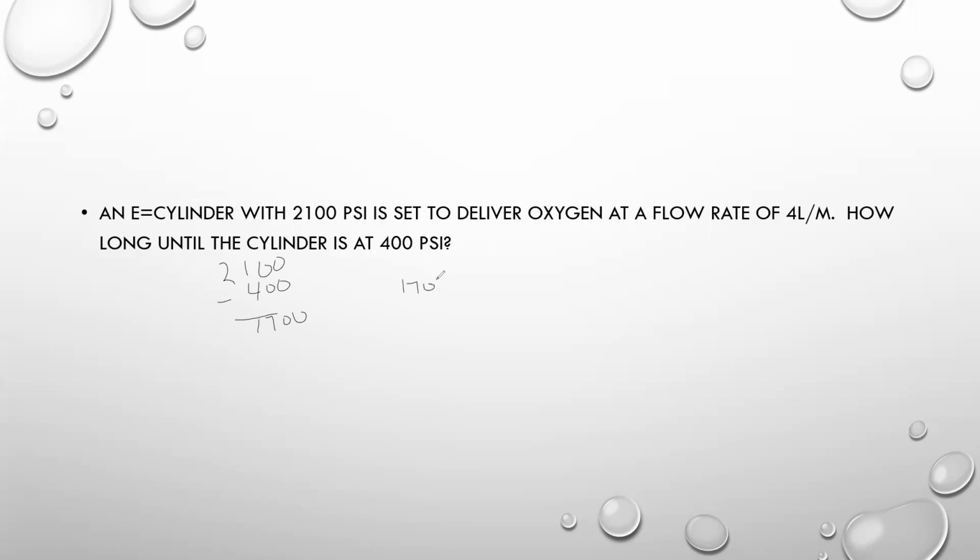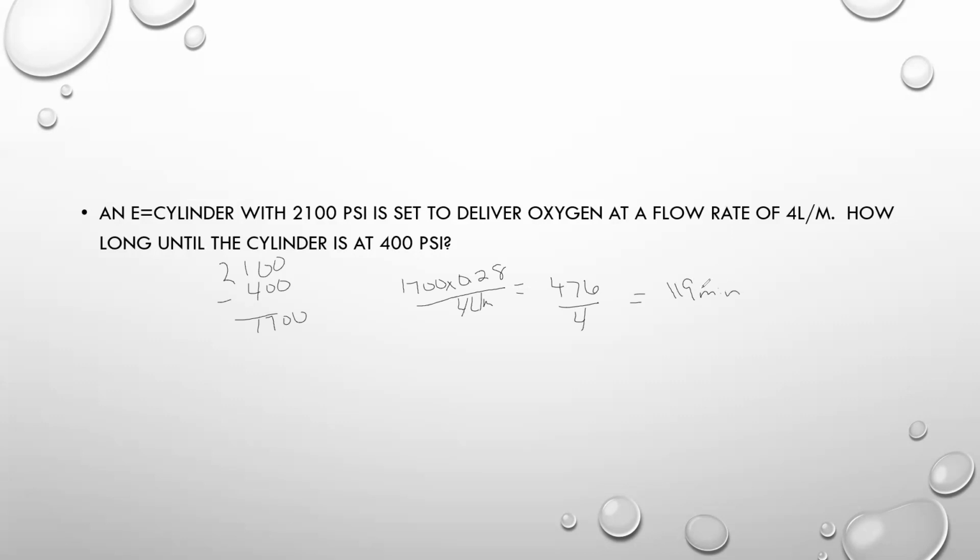So 1700 times 0.28 all over 4 liters per minute. 1700 times 0.28 ends up being 476, and then we're going to divide that by 4. So 476 divided by 4 equals 119 minutes.